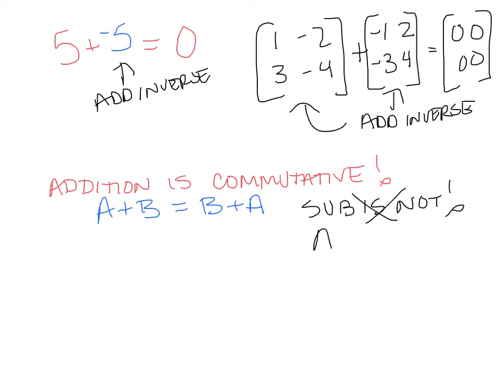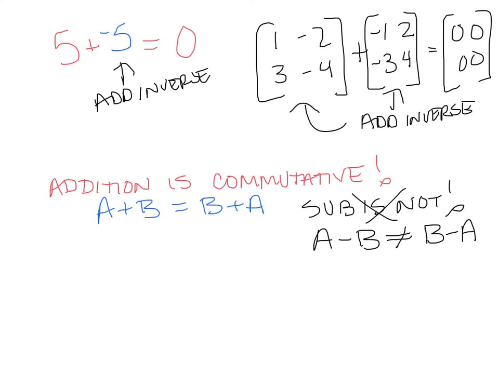So that means that A minus B is not the same as B minus A. Now, occasionally you might have some weird matrices where it works out that way, if you had like all zeros in your matrices, but subtraction is not a commutative property. And you actually know this from just thinking about regular numbers, how numbers work. That's why these things are not commutative.